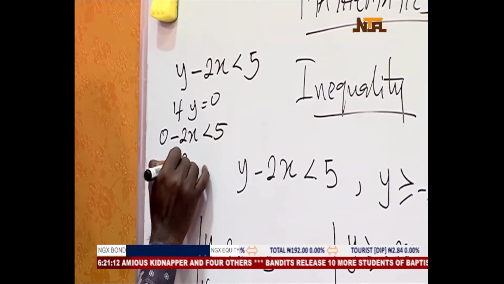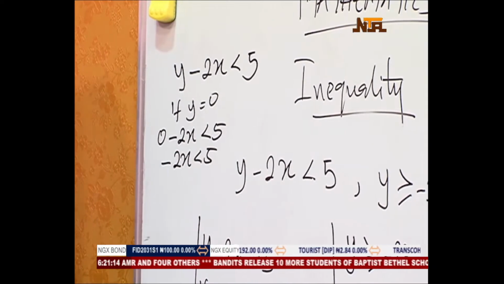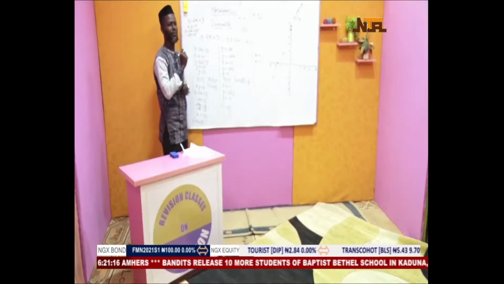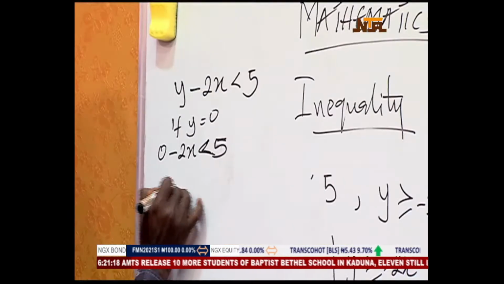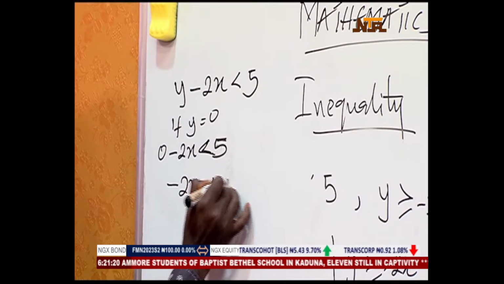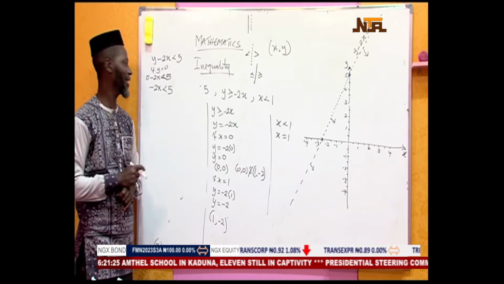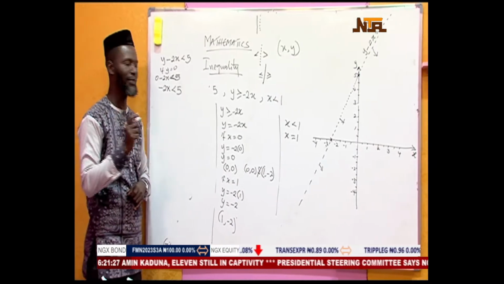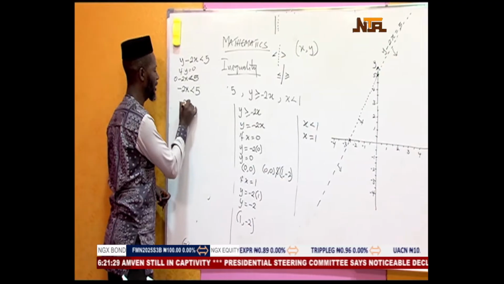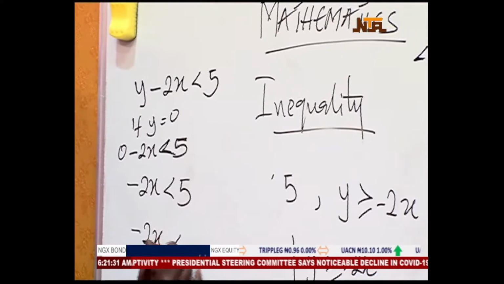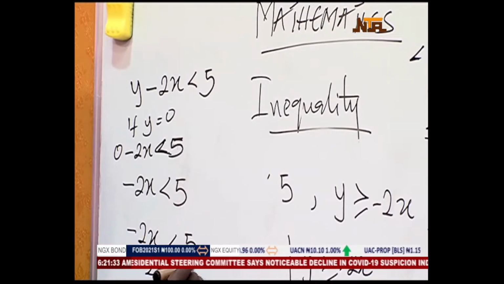That's it, minus 2x less than 5. Divide both sides by what? Divide both sides by the coefficient of x, which is minus 2. So we have minus 2x divided by minus 2 less than 5 divided by minus 2.